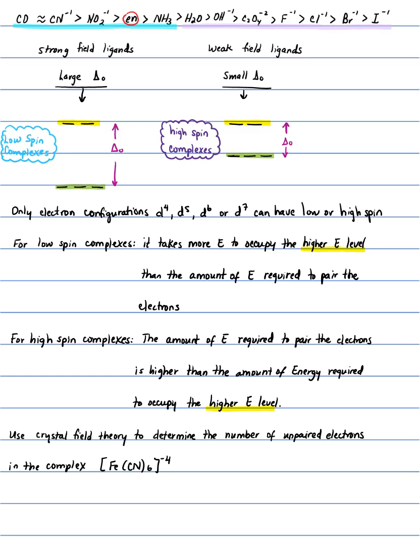That's how you get a low spin complex. For a high spin complex, the amount of energy that is required to pair the electrons is higher than the amount of energy that is needed to occupy that higher energy level that I have highlighted in yellow.